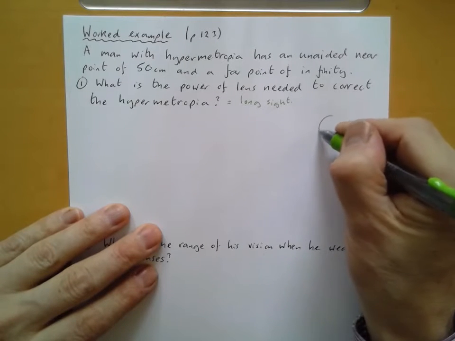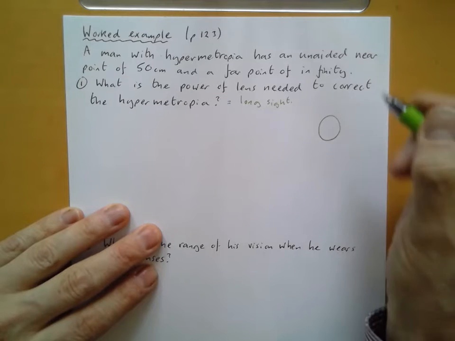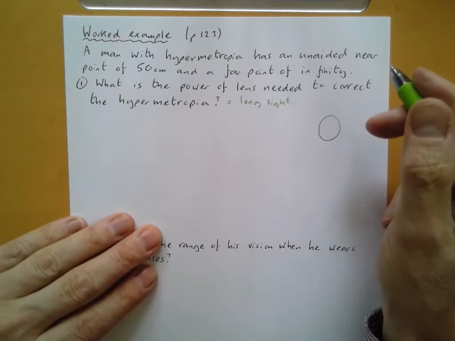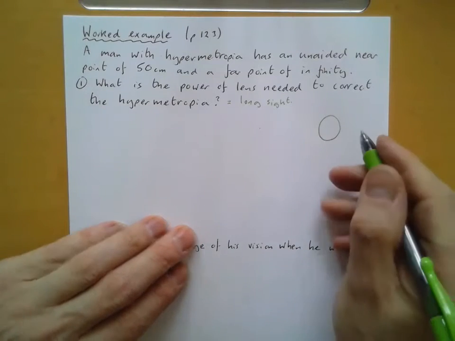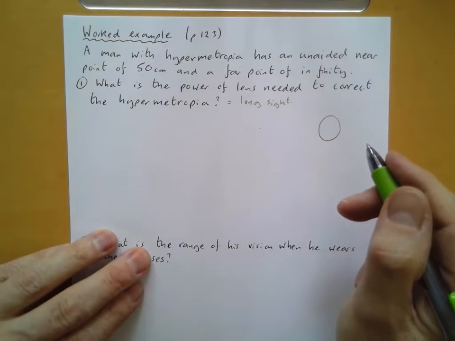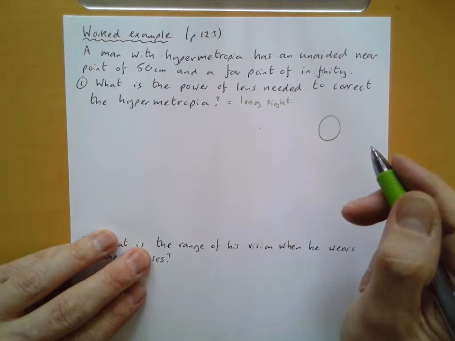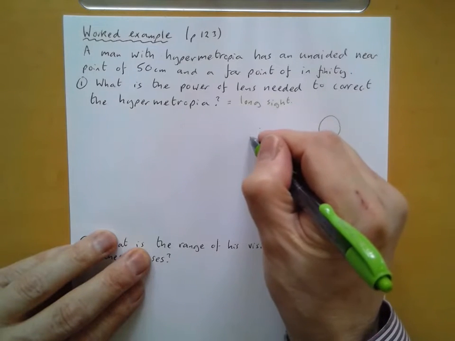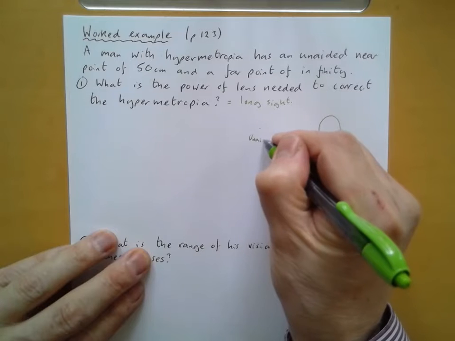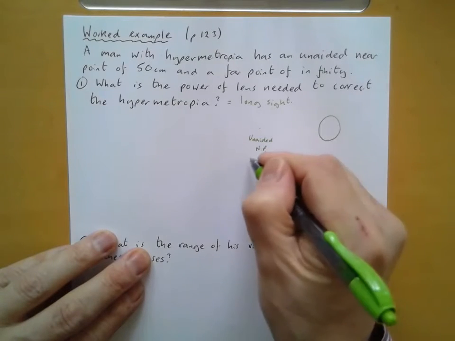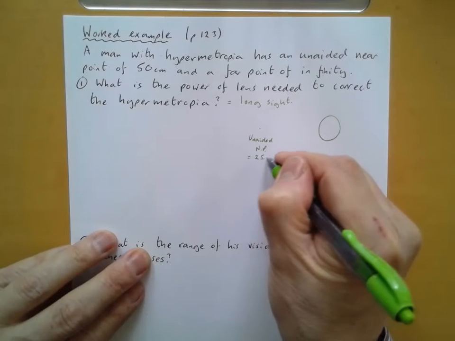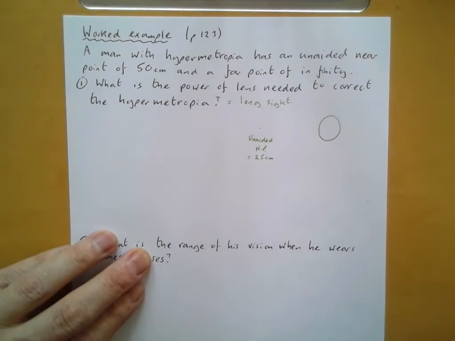Here is his eye. We know that he has an unaided near point at 50 centimeters. So let's put that out here. Now, we called that the actual near point before, but I'm going to call it the unaided near point here, and it's at 25 centimeters.